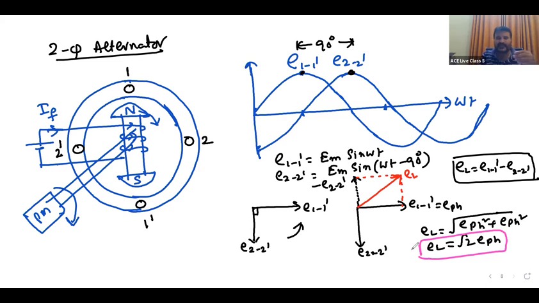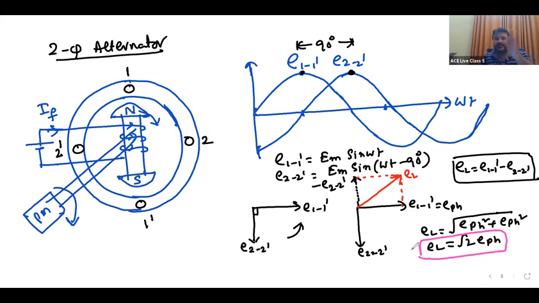Options for this given diagram for clockwise rotation: A option, induced EMF in 1 dash Em sin omega t, 2 dash Em sin omega t minus 90. B option, Em sin omega t, Em sin omega t plus 90, like that. But it will be omega t minus 90.